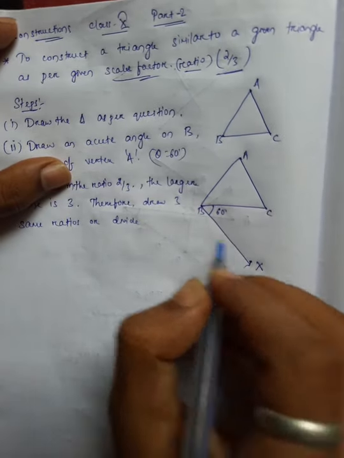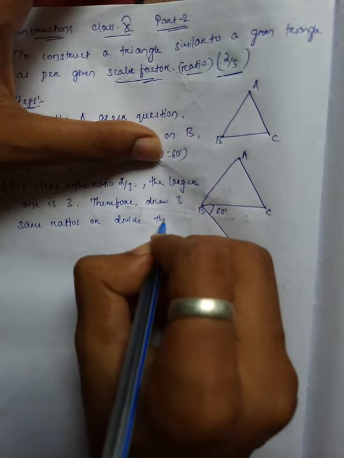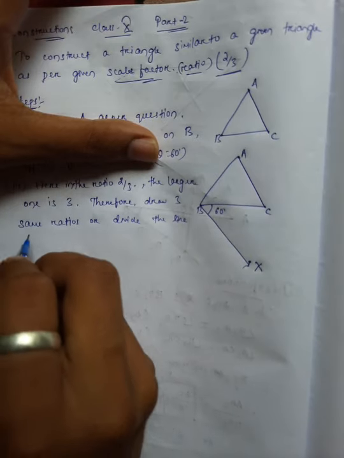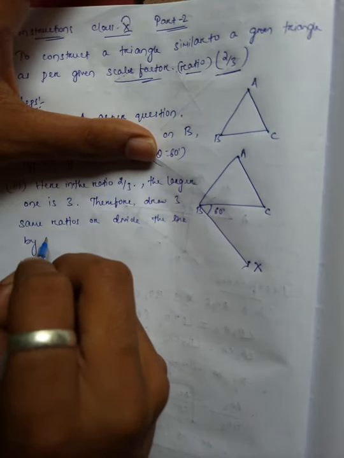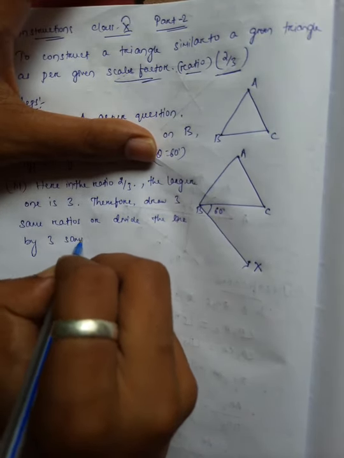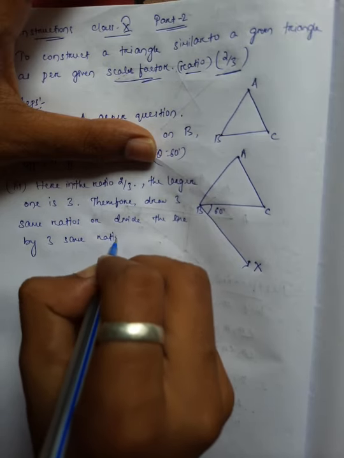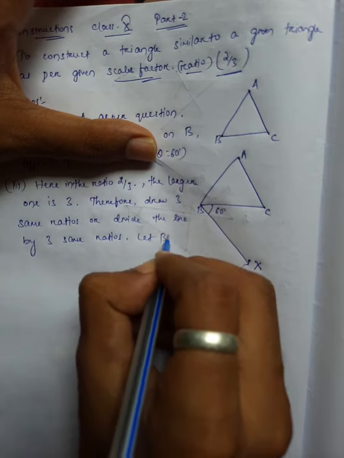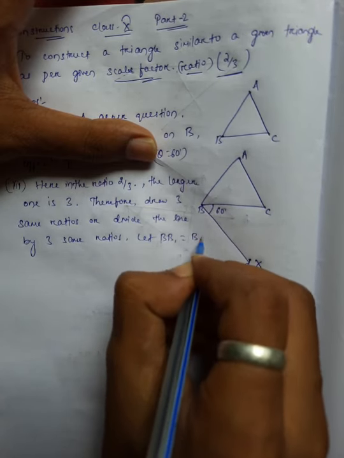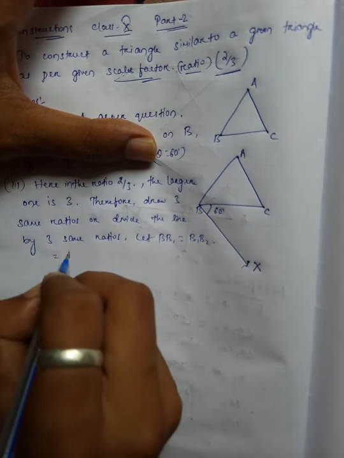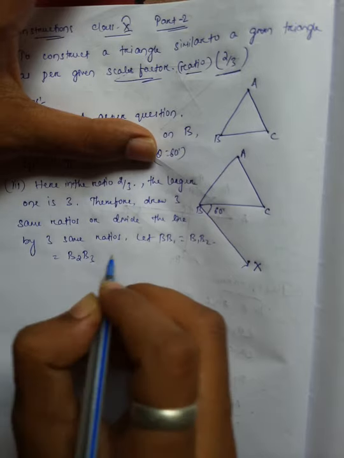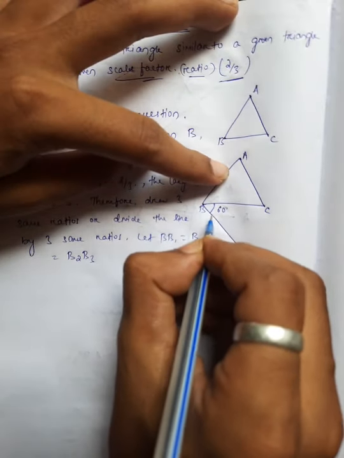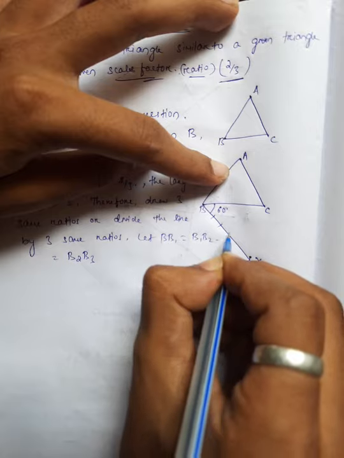This line may be X. Divide the line into three equal parts. Okay, let them be B1, B2, B3. I have taken some equal parts.